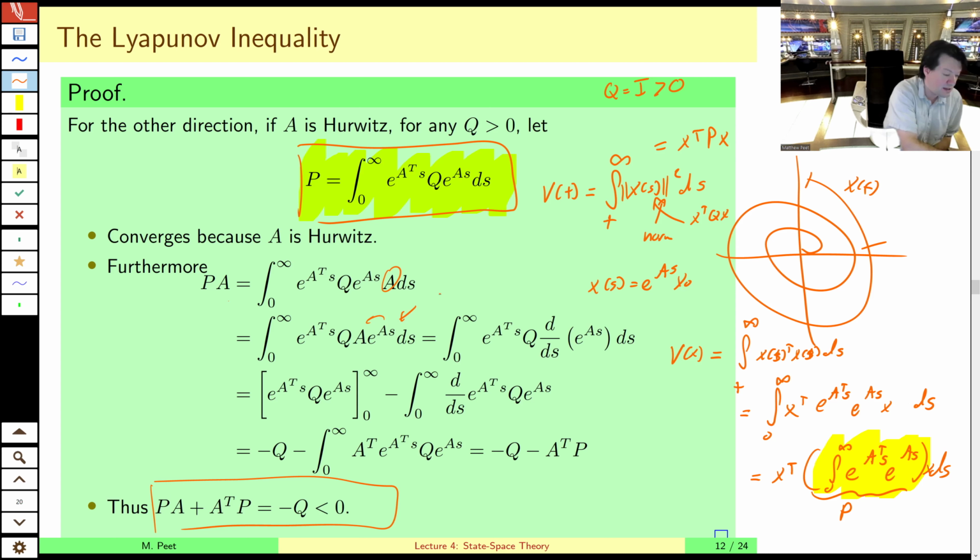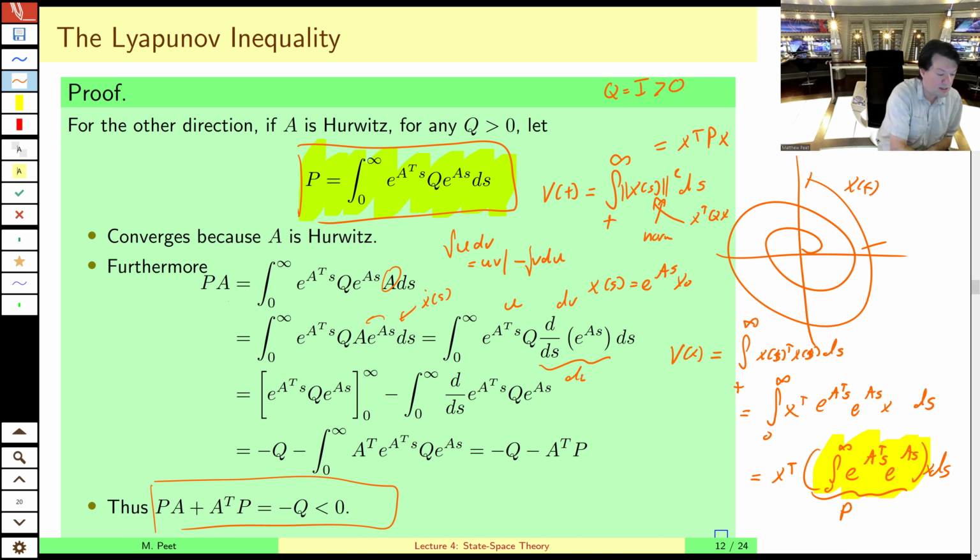This is x dot with respect to s in this case. And now we use integration by parts. This is dv, this is u. Integration by parts says the integral of u dv equals uv at the boundary minus the integral of v du. And so that's what we apply here.